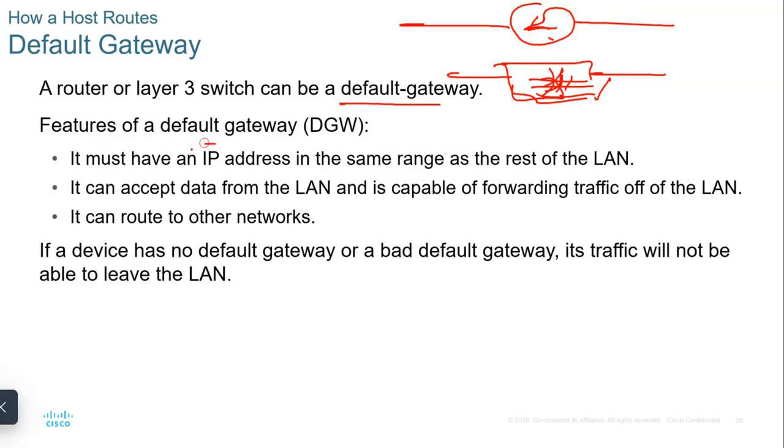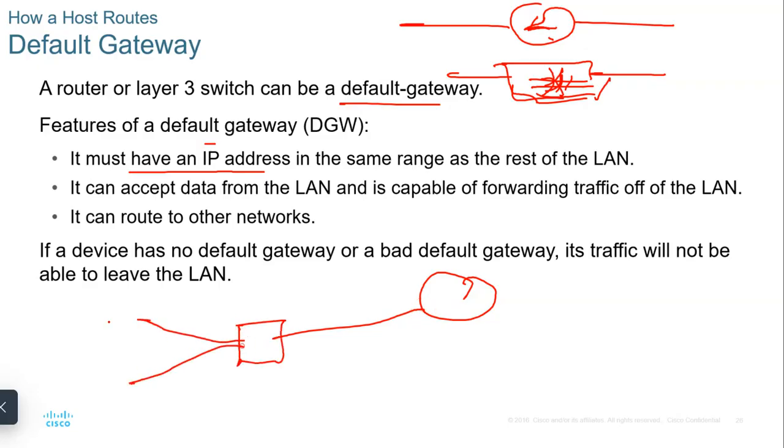Features of the default gateway: it must have an IP address in the same range. This is my router connected to a switch and then maybe to two PCs, PC1 and PC2. These devices will be assigned an IP address, a subnet mask, and a default gateway.